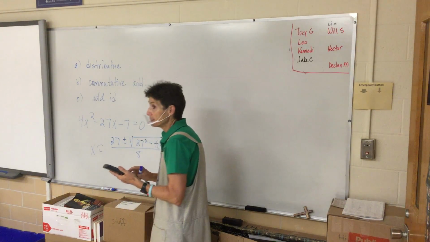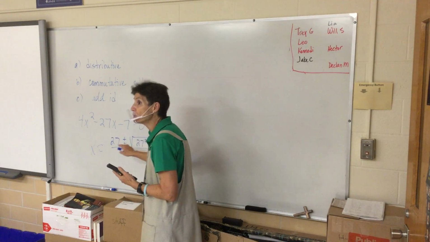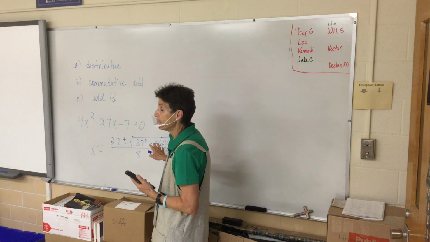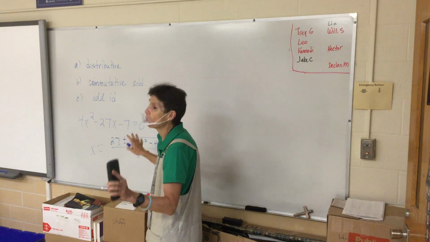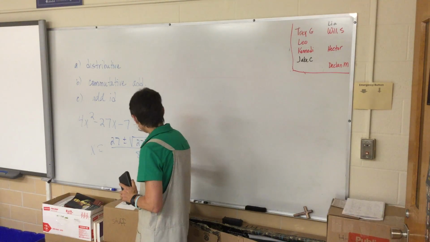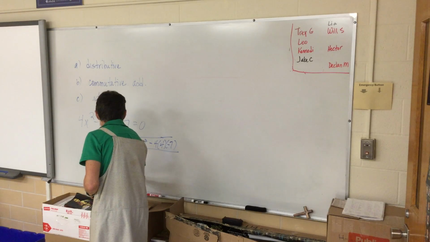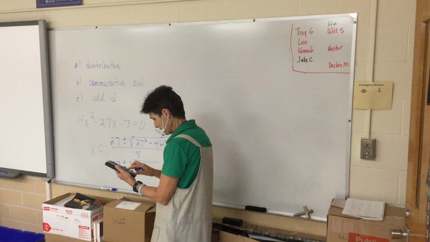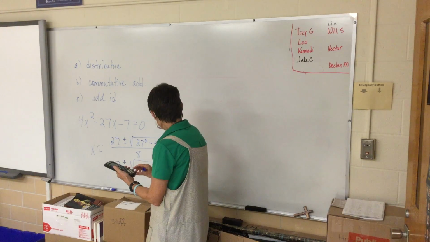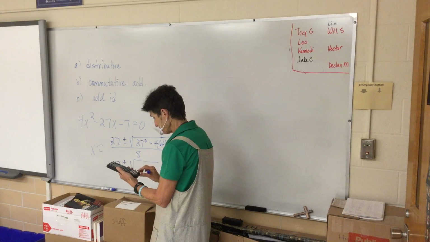Wait, we would have put the 27 in there, right? We just do what's under the radical. You can do it all at once. We can? Yes, but again, just do what works for you. So if it works for you to do this part first, so 27 plus or minus the square root of 27 squared, that's actually going to become a plus 4 times 4 times 7.